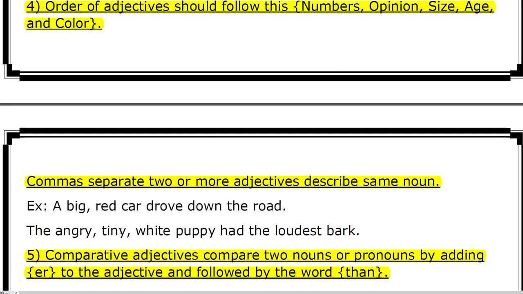Okay, after that the size, like the rule, then the color. So I'm just following the rule: opinion, size, then color. And we use the comma to separate two or more adjectives describing the same noun. So I'm describing the puppy with two or three adjectives. That's why I'm using some commas.